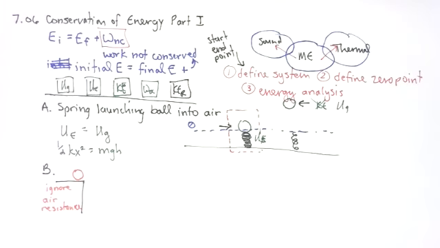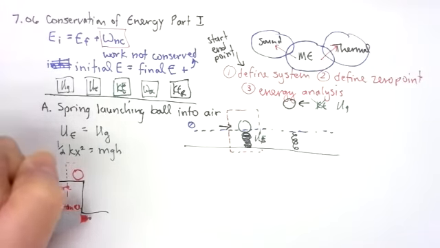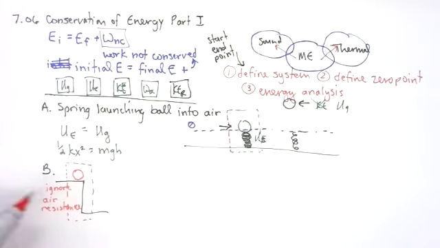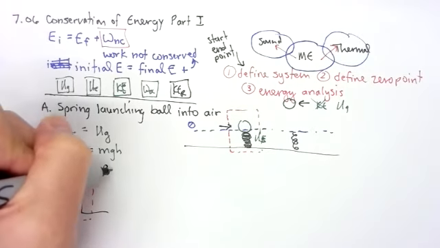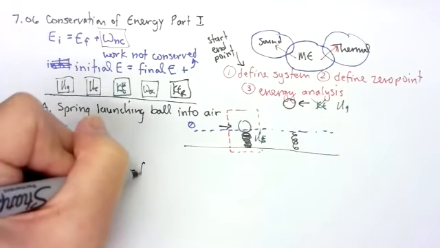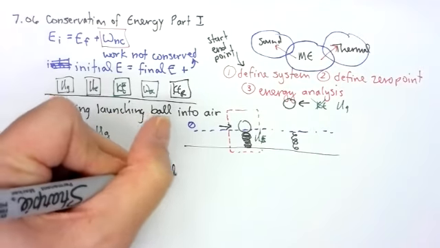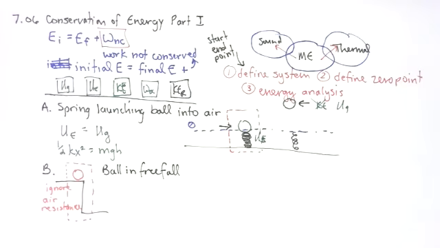And the ball is going to fall to the ground below. So let's define my system. Our scenario is, let me write it out, ball in free fall. So we've got a ball in free fall.